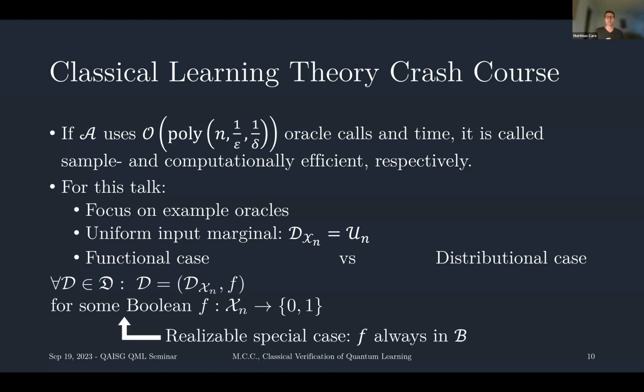In particular, this is called realizable if we know that this deterministic function is always in the model class, in the benchmark class. In general, however, this need not be the case. In general, it could be the case that even if you know the input, there's still some randomness in the label. For example, this could come from noise, or there may just not be an underlying function. So this is going to be some of the nomenclature that I use.